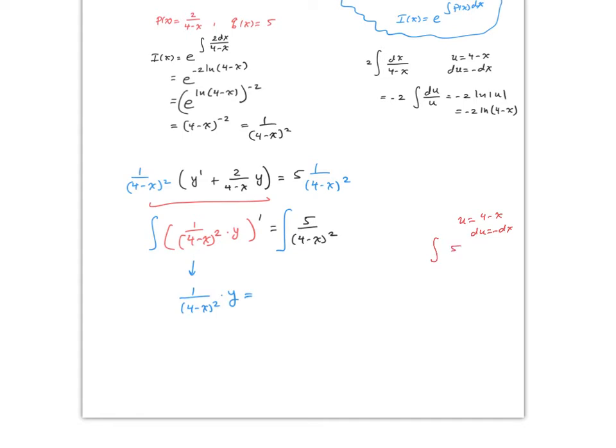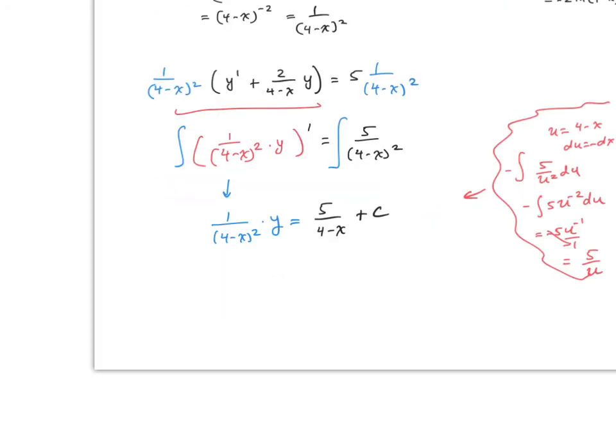So this is the same thing as integrating 5 over u squared with a minus sign in front, or the same thing as integrating minus 5u to the negative 2, which will be minus 5u to the negative 1 divided by negative 1, so the negatives cancel, so it will be just 5 over u.